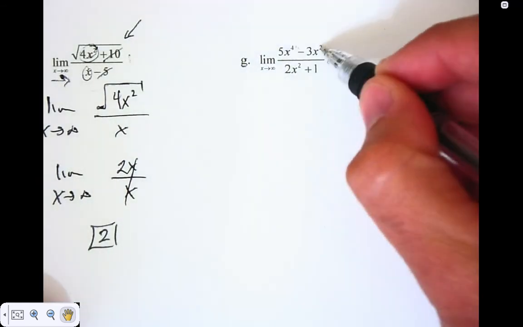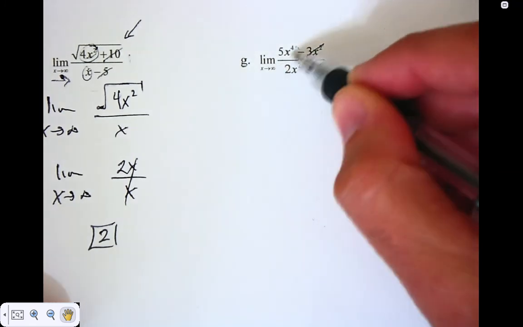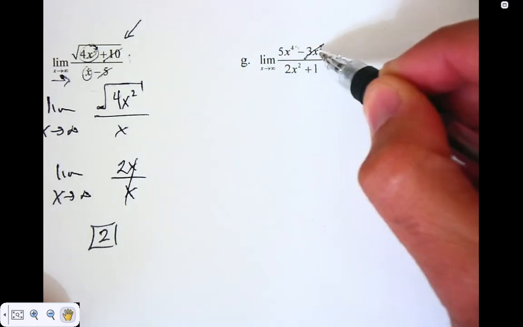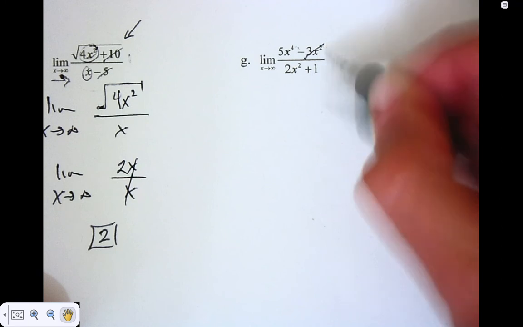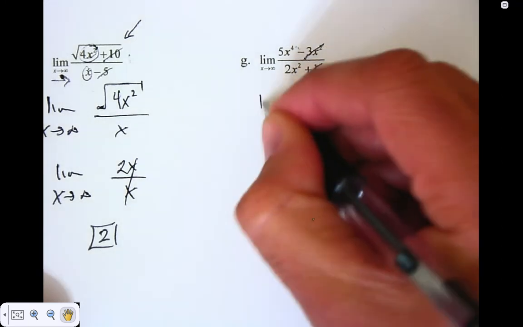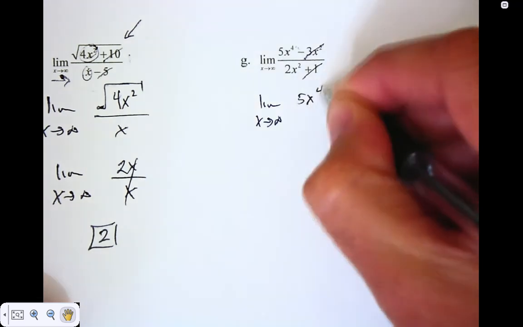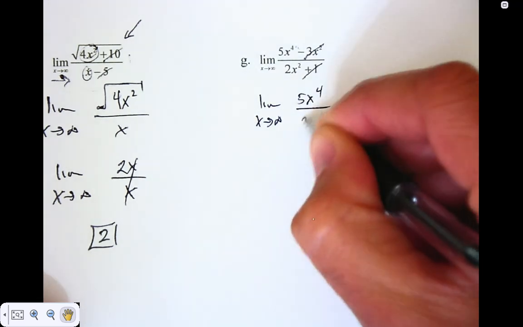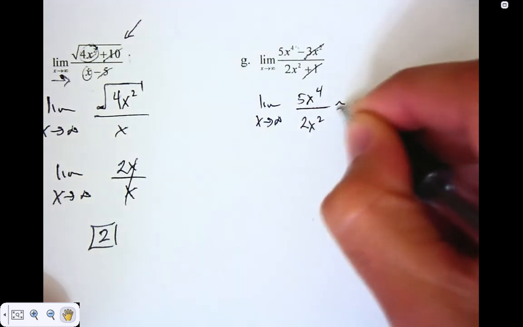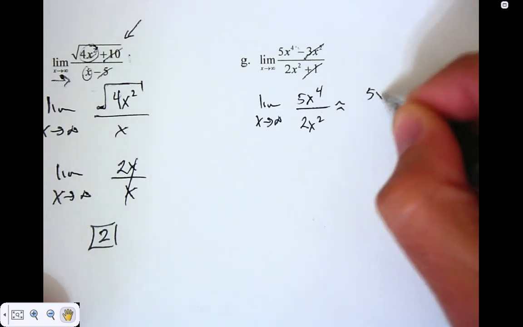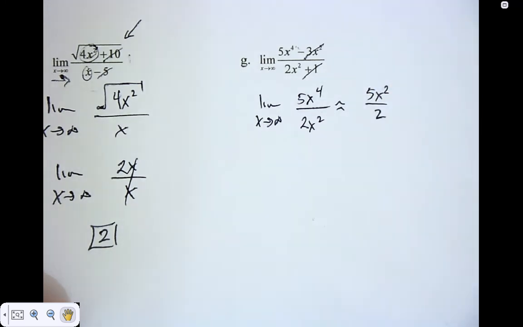Again, 4th degree, 2nd degree, don't care about it because infinity to the 4th is going to trump, right? No pun intended there, this little guy of x squared here. And we get the limit as x approaches infinity of, we now know the main thing there is 5x to the 4th and 2x squared, which acts like 5x squared over 2, right?